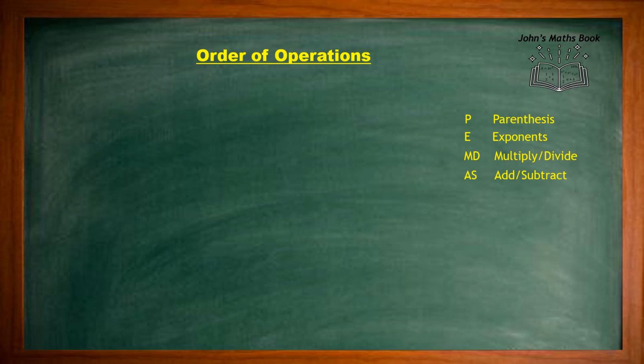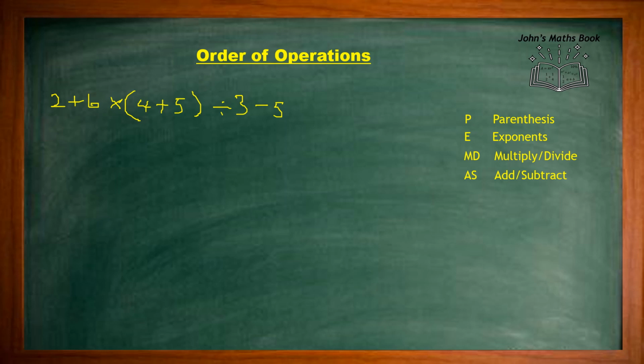So let's look at a more complicated example. So we have 2 plus 6 times, in the brackets we have 4 plus 5, close brackets, divided by 3 minus 5.